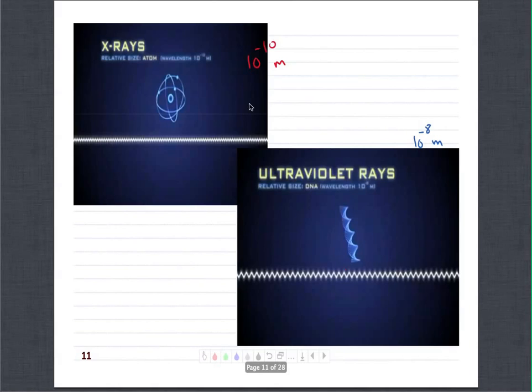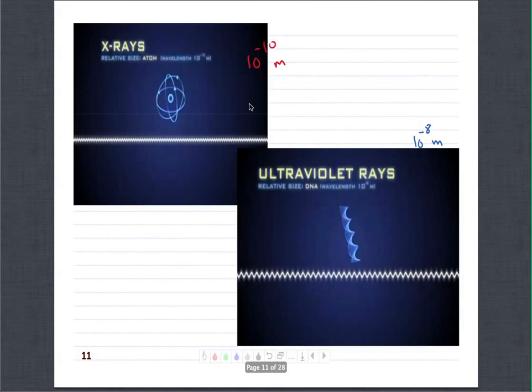This is why you put sunscreen when you're having fun in the pool during the summer. It is 10 to the minus 8, and the wavelength of the ultraviolet is the same size as a DNA. Definitely it's harmful, but not as harmful as X-ray or gamma ray.